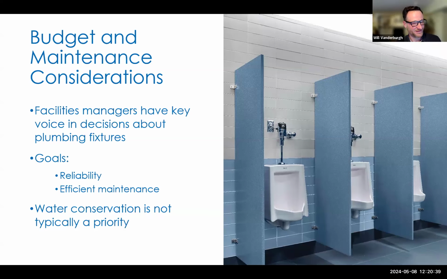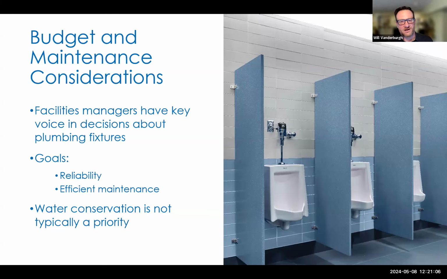So, where are we here? Budget and maintenance considerations. Facility managers are typically the key voice in selecting products in elementary and high schools, because they're faced with maintaining them every day, particularly on large school board facilities, and their goals tend to be reliability and efficient maintenance.